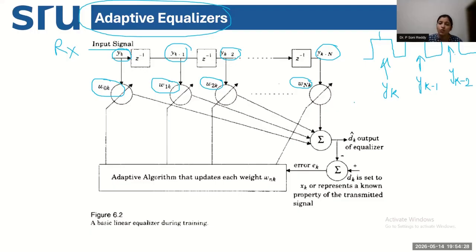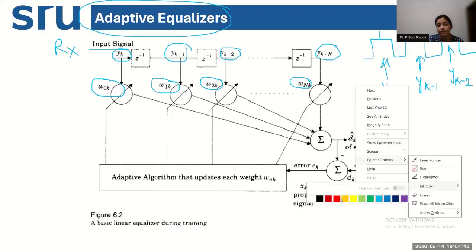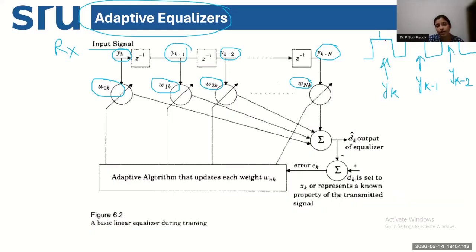Okay. So why are we bothered with the previous symbol which has already been sent? Because every symbol in your multipath effect has overlapping because of ISI. So what is the overlapping?